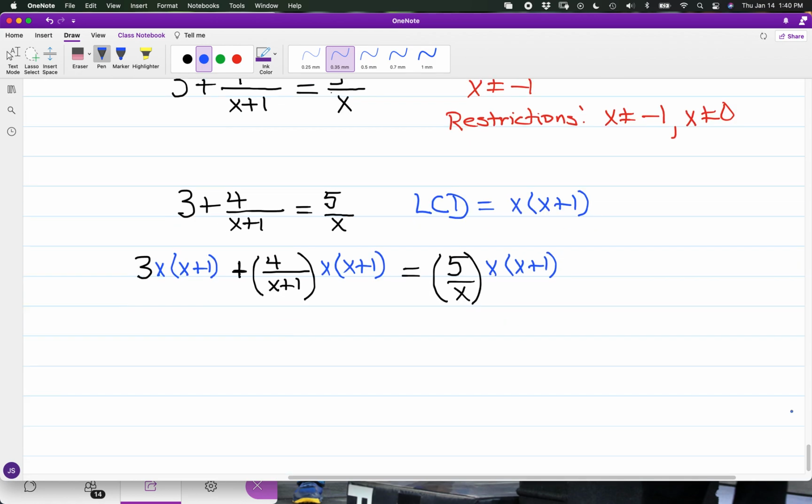Okay, so with what I have for the first, I have 3x all over x plus 1. So this would be 3x squared plus 3x. And for the next, you're going to have 4 over x plus 1 times x plus 1. Now you're going to have x plus 1s to cancel out.